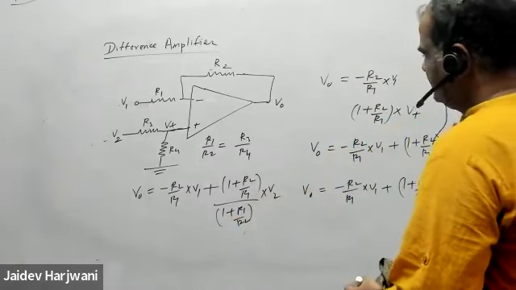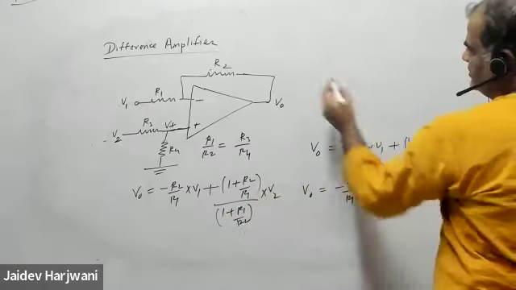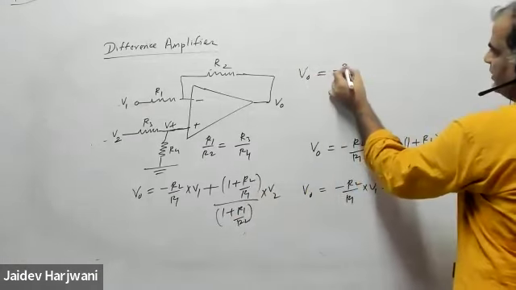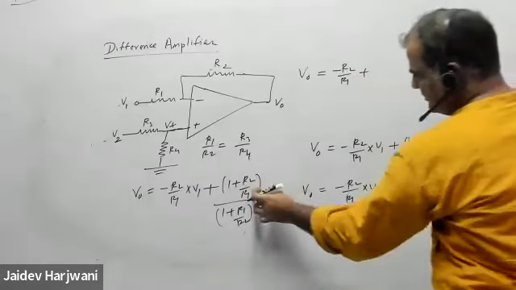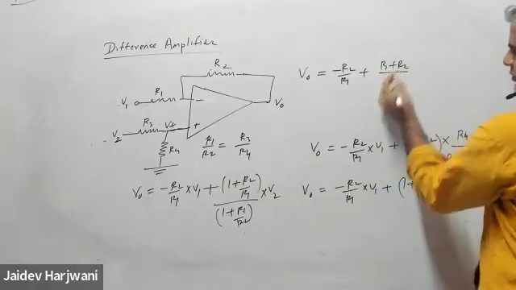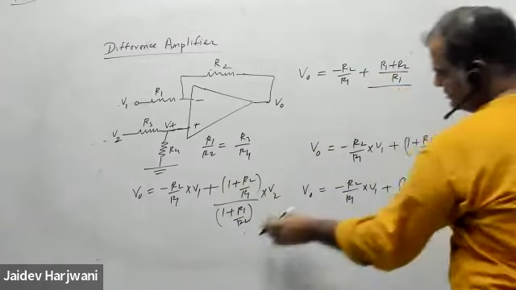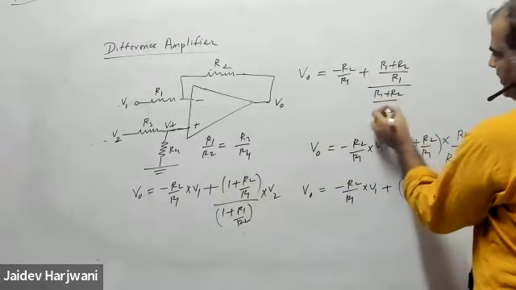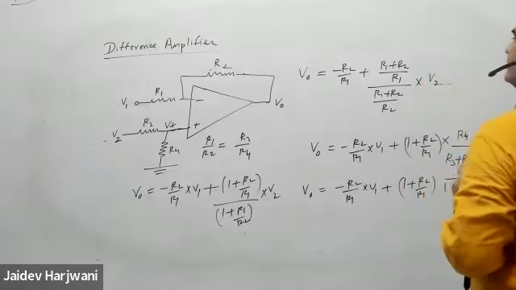So let us see what we can get by solving this one. V0 will now come as R2 upon R1 plus R1 plus R2 divided by R1, and here also the same thing, R1 plus R2 divided by R2 into V2.